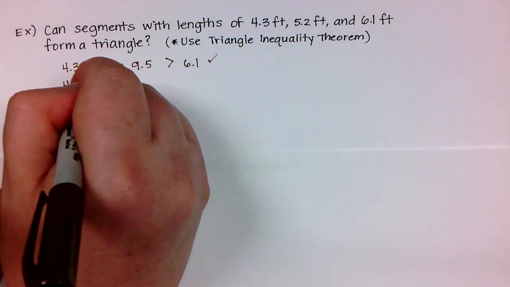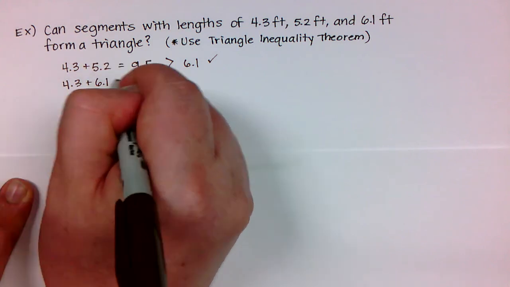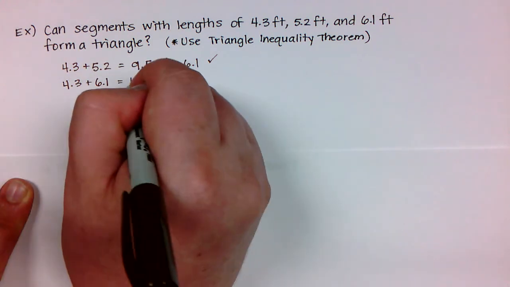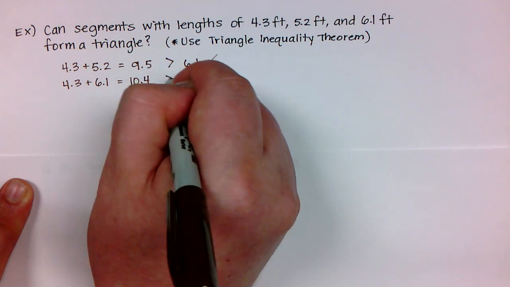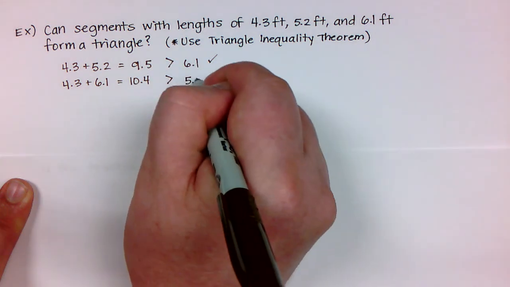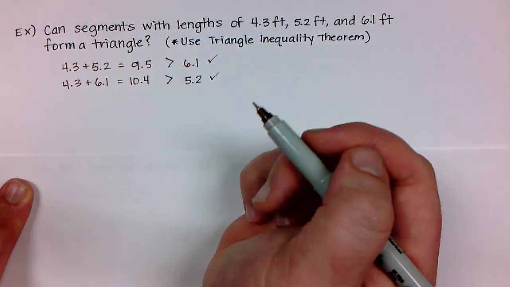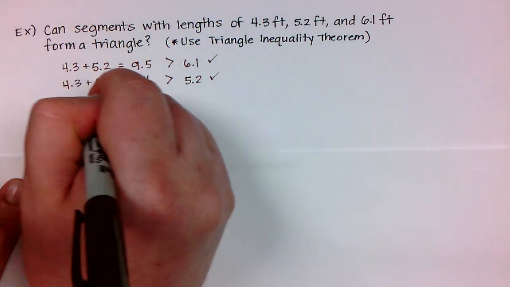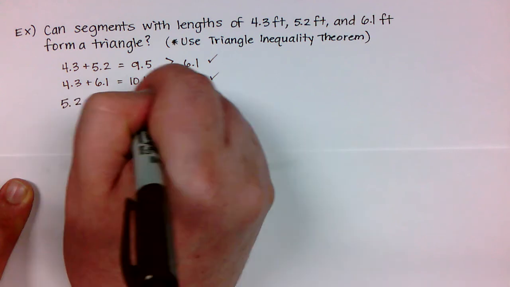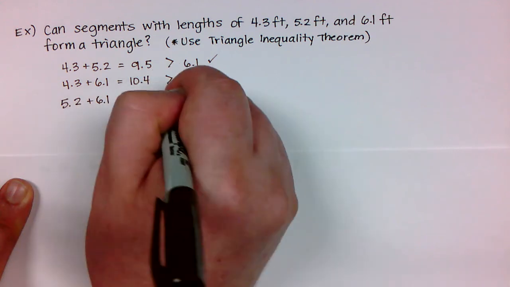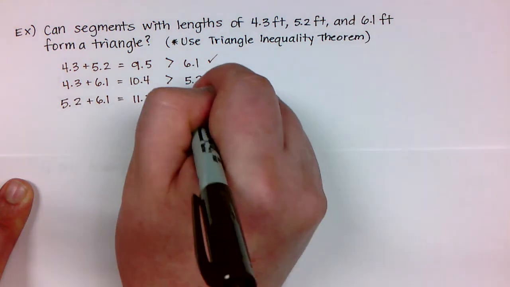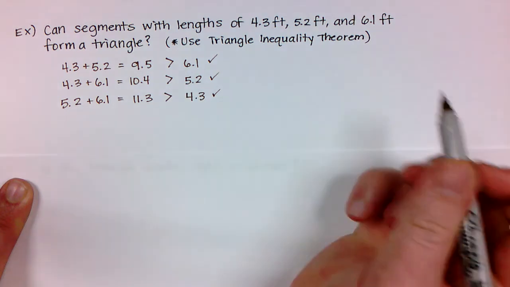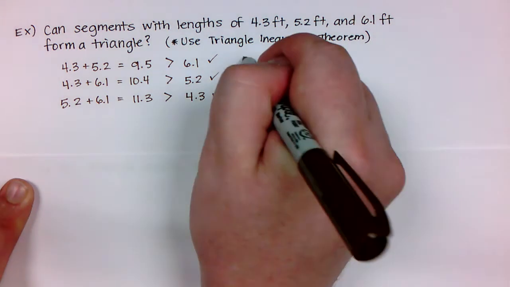Also, I can do 4.3 plus 6.1. When I add those, I get 10.4, and that is greater than the third side, which is 5.2. So that one works. And then let's add the other 2 sides. 5.2 plus 6.1, that I get 11.3, and I find that that's greater than 4.3 by quite a lot. So it holds true for all 3 of those cases.